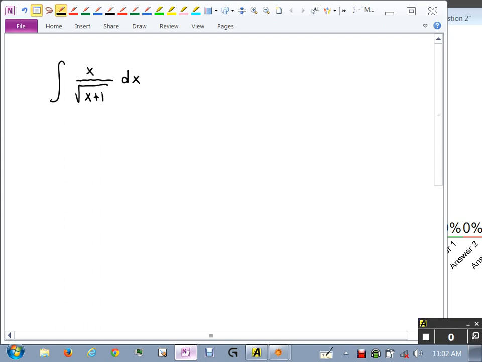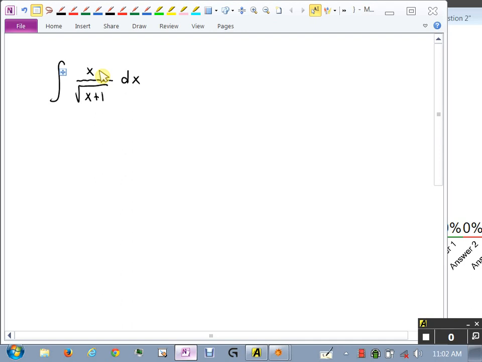Okay, so if you try and look for something and its derivative here, what are your options? I mean, you could let the x on top be your u, right? But then what's the derivative of x? 1 dx, right? It'll become 1 dx.